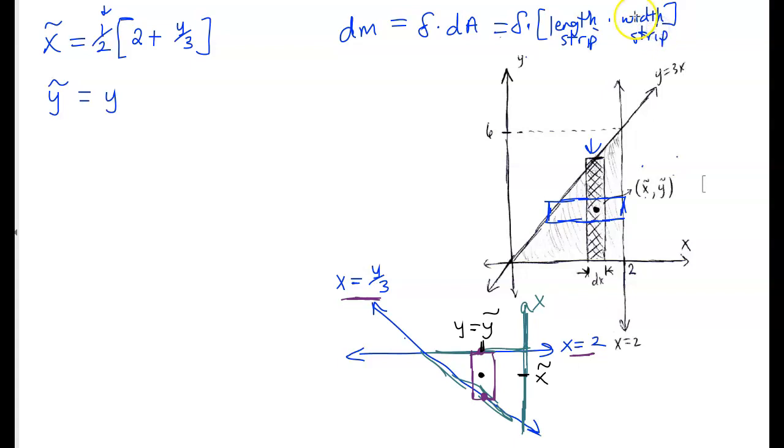Okay. So if we look at this, and actually we'll go back here now. The width of the strip here would actually be dy. Let's say length of strip, width of strip.